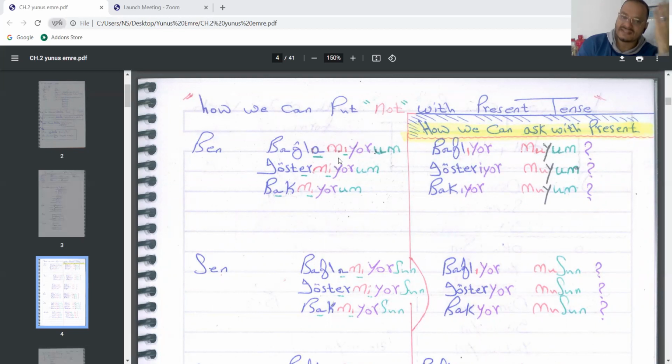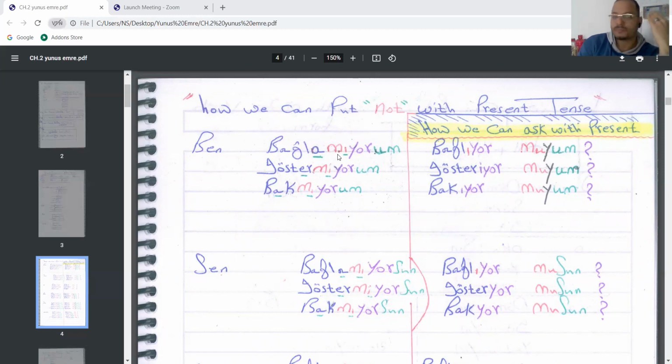That means I can say the appropriate form for the negative present tense will be the base form without mak or mek plus m plus delta yo, or we can say m delta plus yo. It depends on you what is the easier situation for you, okay?